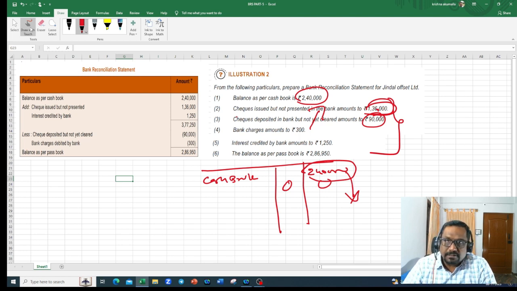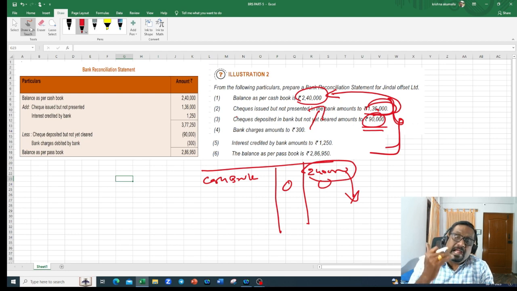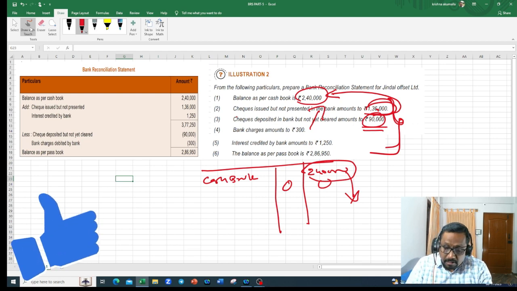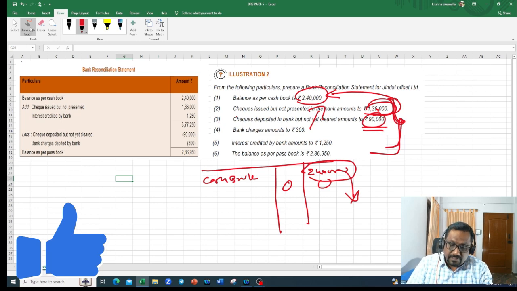We don't know that. We will get to know very soon. Let me repeat again. Whatever differences we identified here, these differences might add to your cash balance, or the impact of these differences can be reduced from the cash balance.